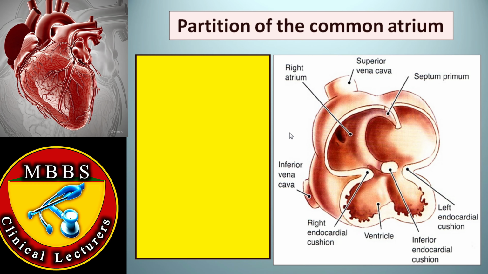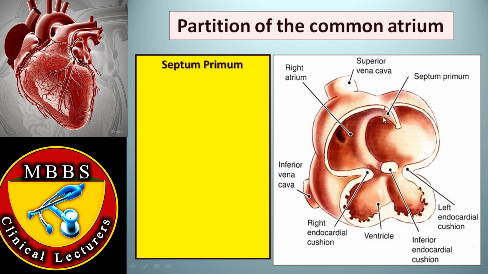Okay. Now the partitioning of the common atrium. What arises when the endocardial cushion fuses down and divides the canal into right and left? A septum arises in the middle of the common atrium, and that septum encroaches towards the endocardial cushion, and that septum is called the septum primum.